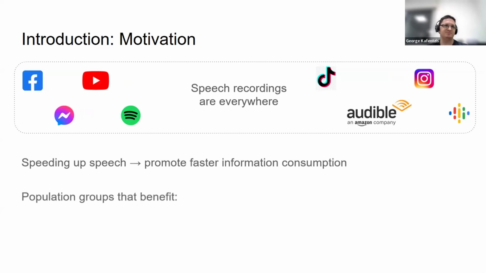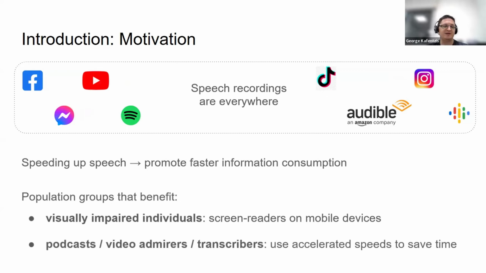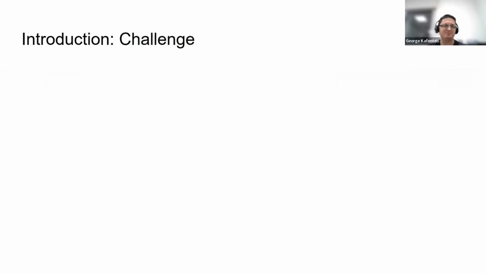There are certain population groups that benefit from such a thing, like visually impaired individuals who use screen readers on their mobile phones to speed up reading, as well as podcasters, video editors or transcribers who try to save some time in their work by using sped up speech.